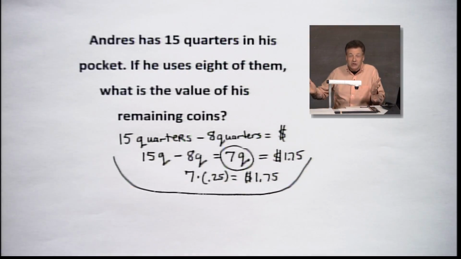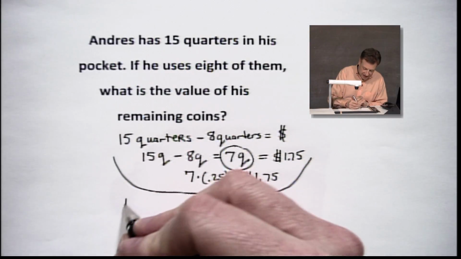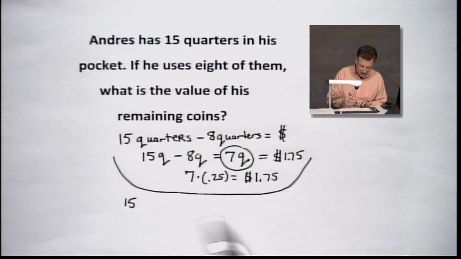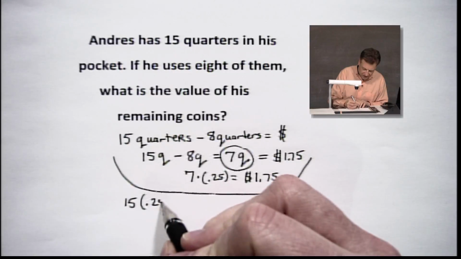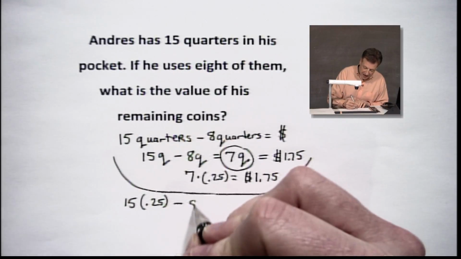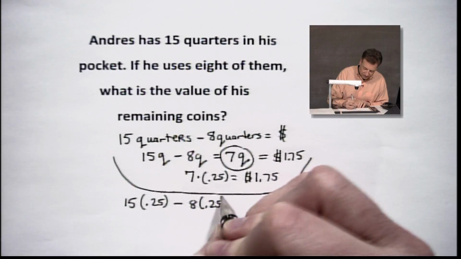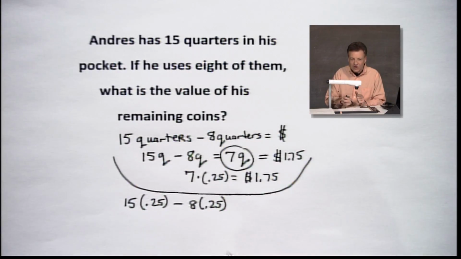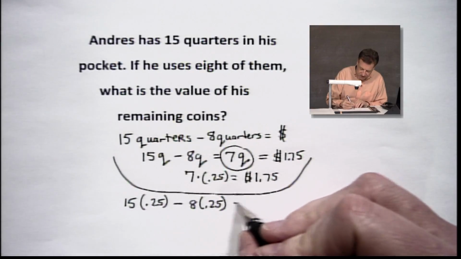Well, maybe, maybe not. But let's see, what if I took 15 and decided to give those values? I could say 15 times 25, which is quite a bit, and then minus 8 times 25. In other words, I give the values to the 15 quarters and the values to the 8 quarters, and I'm going to come up with the same solution.